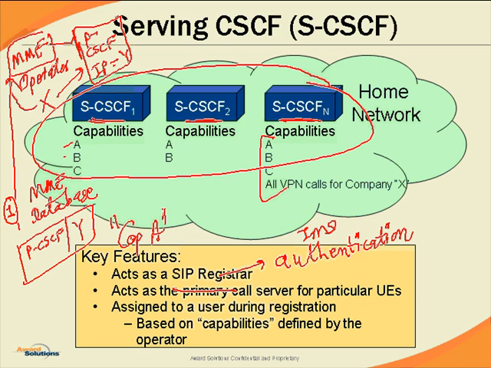Or we can use the help of DNS, the domain name system server. The MME can ask DNS that I'm trying to reach the proxy, and then DNS will come back with the IP address of the proxy.